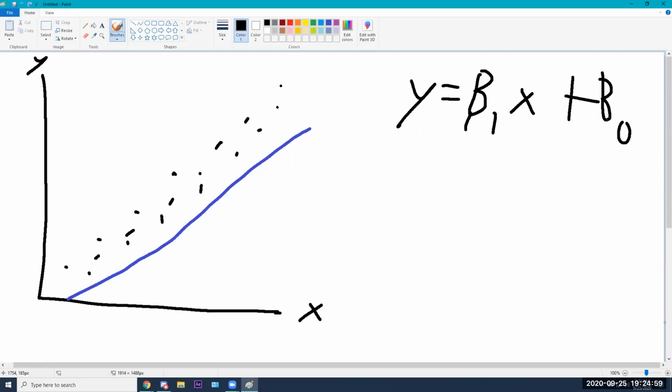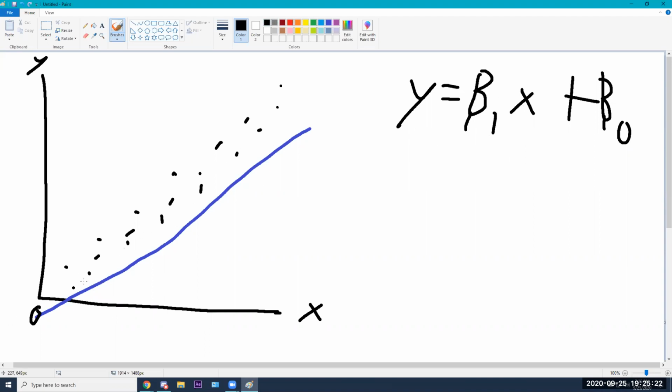Okay, so the beta naught would be like your y-intercept. If you extended this all the way down, it'd be your y-intercept here. And your beta 1 would be your slope. And so this would be the equation for your line that you're creating.